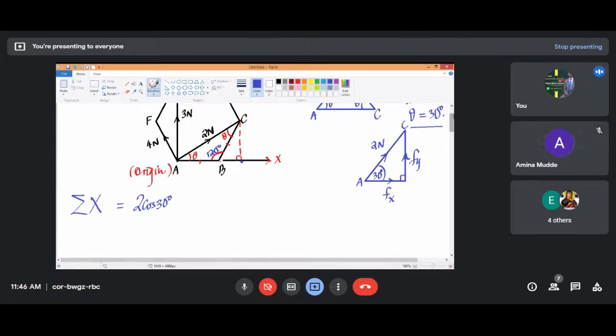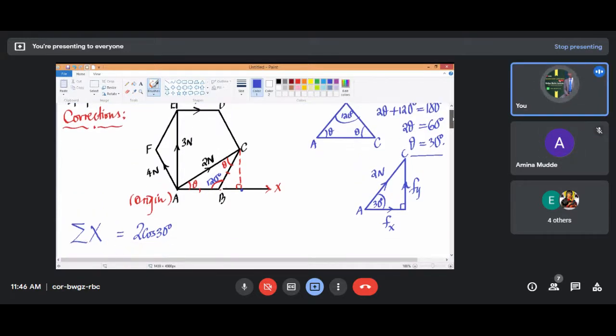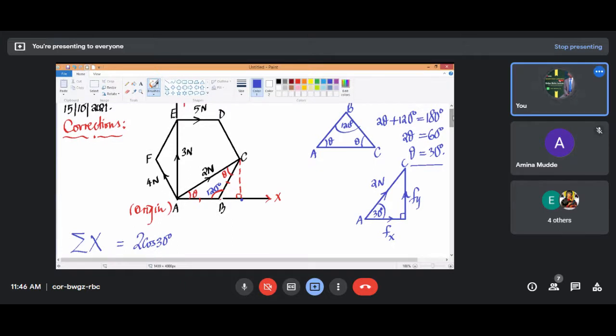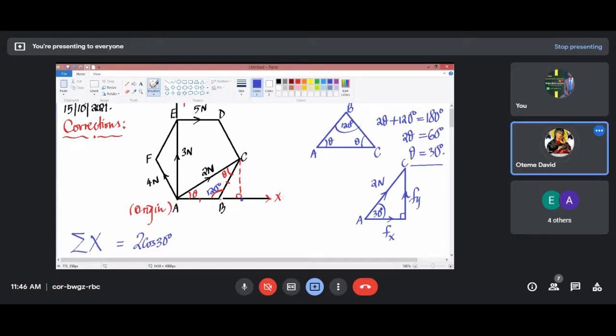Okay. Let's proceed to the other force. The other force is the one acting along ED. What is its horizontal component? It is 5. Positive, negative?